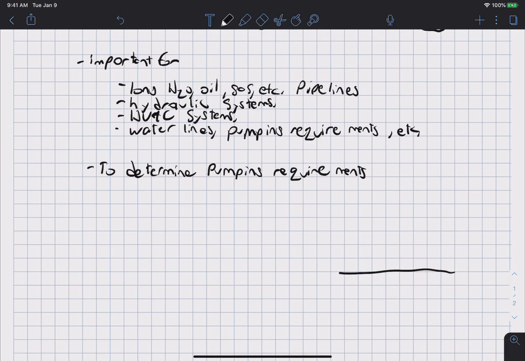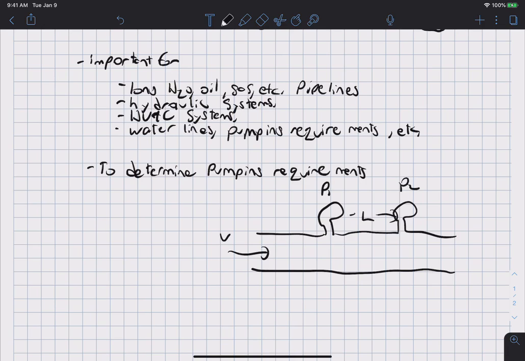So let's just consider a pipe, and we have the pipe cross section here and a pressure gauge and then another pressure gauge here. Okay, and the flow is going from left to right at some velocity v, and we'll call this P1, P2, and they're separated by a distance L. Okay, well, in reality, P1 will be greater than P2 because of pressure drop.